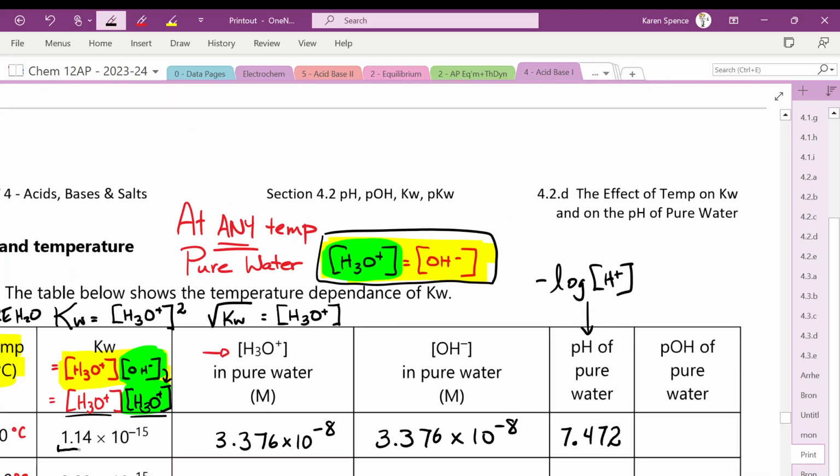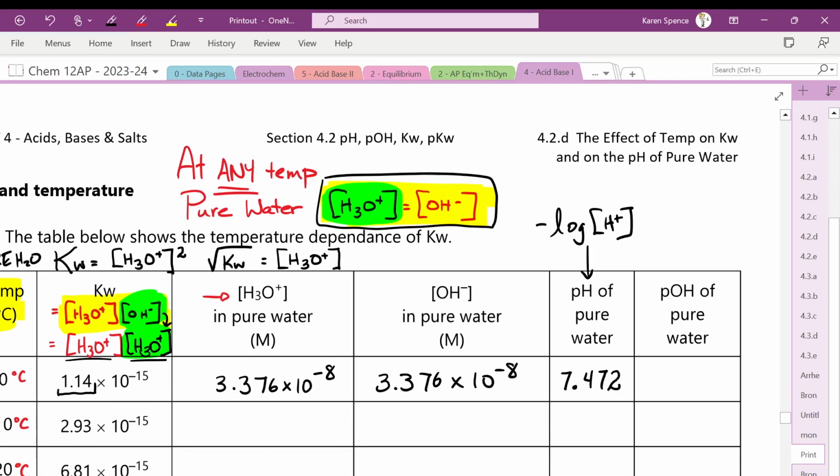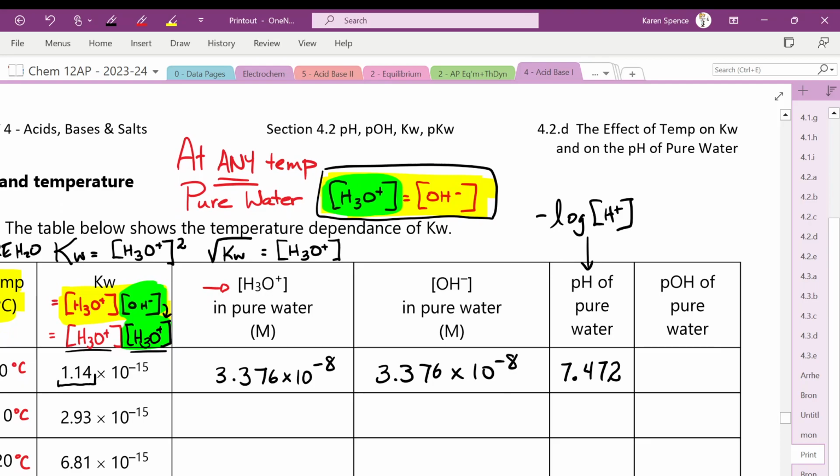Yes, I have 3 sig figs here, so I'm going to go with 3 sig figs there. Did you guys follow that? Yes. Okay. Now, pOH, we're going to take the negative of the log of hydroxide. Oh, that's the same, so we'll get the same number, yes? So we'll get 7.472.